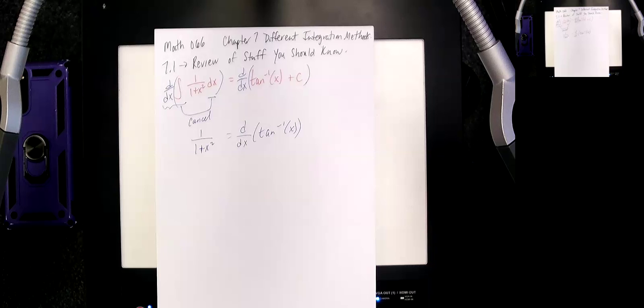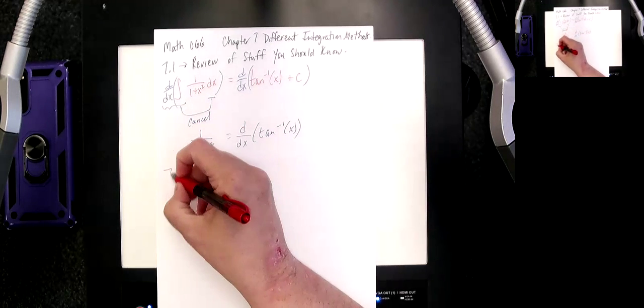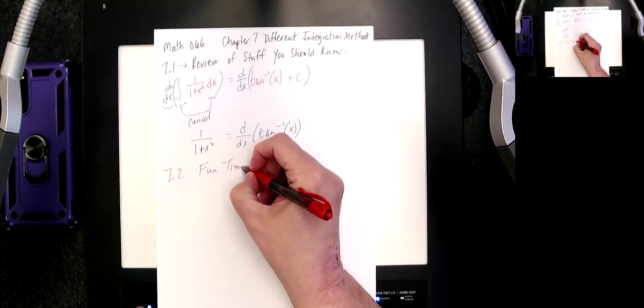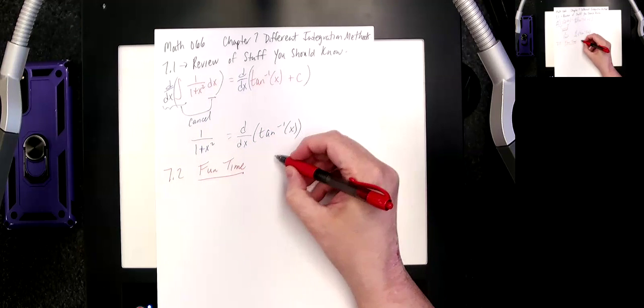Seven point two begins what I like to call fun stuff. 7.2 is fun time. Integration by parts.